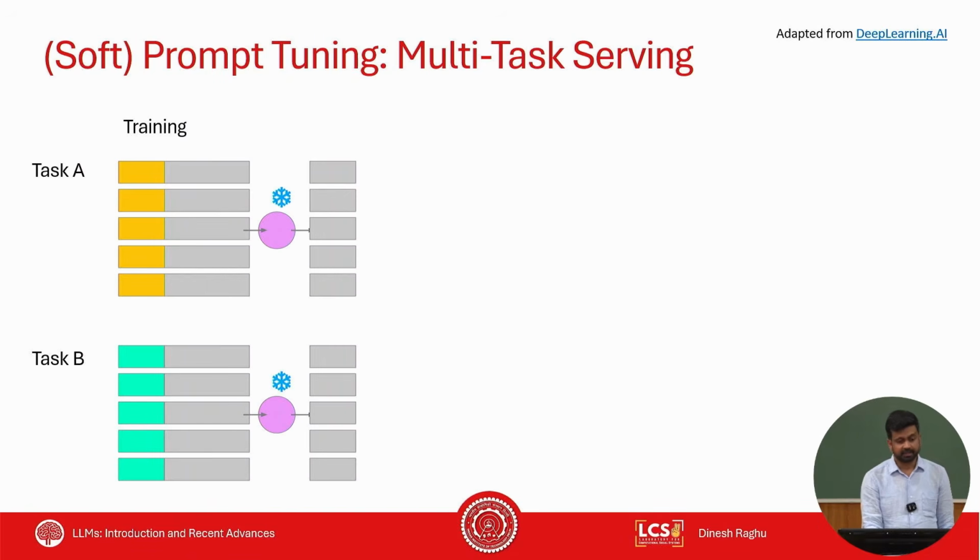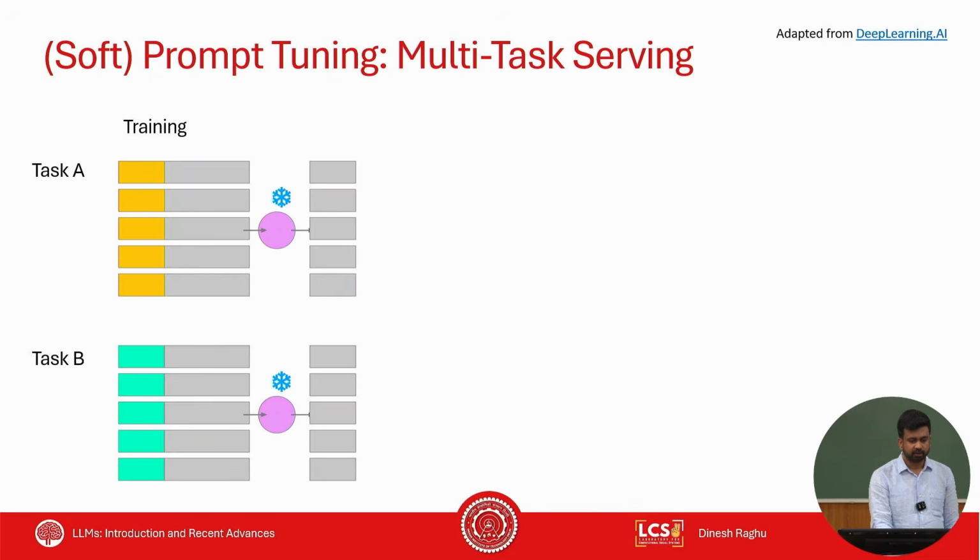Now there is also another really good advantage of soft prompting, right, which is multitask serving. Let's say you're hosting an LLM and you let people fine tune for various tasks, right? And let's say that you have 120 tasks in your organization or for your project.